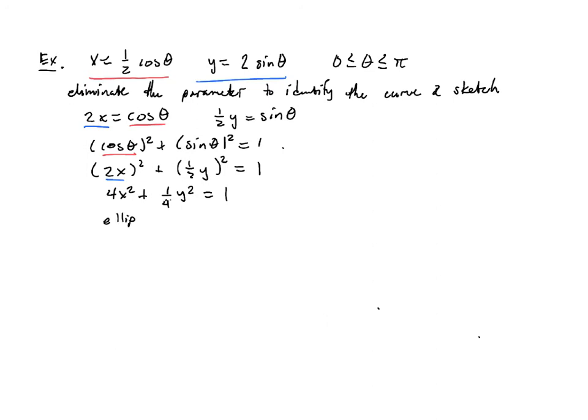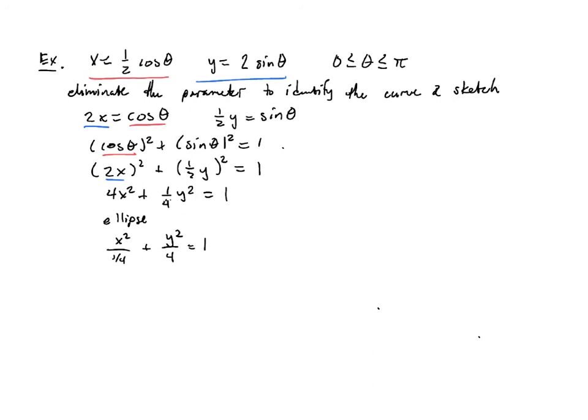And it's a nice ellipse centered at the origin. There's no completing the square to be done here. The only thing we need to do is manipulate the equation a little bit in order to put it into the form that we're used to thinking about. So I write this equation as x squared over 1/4 plus y squared over 4 equals 1.